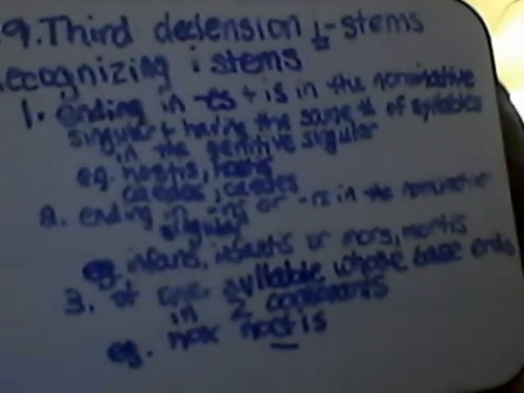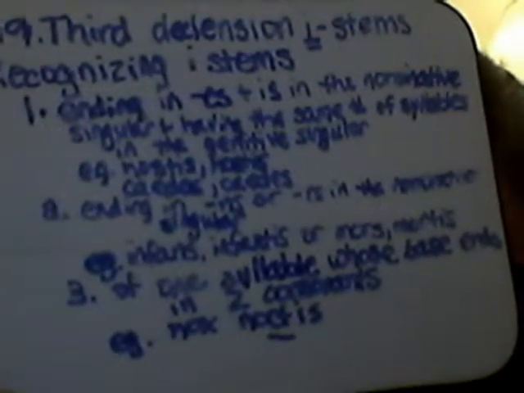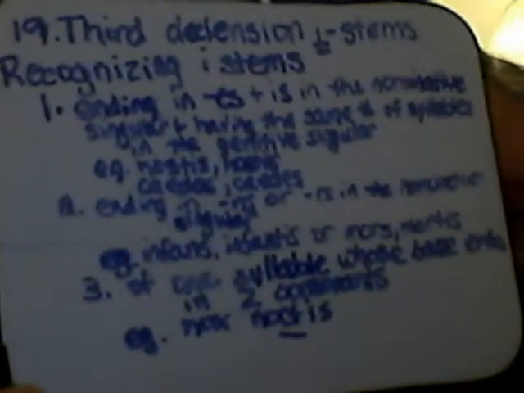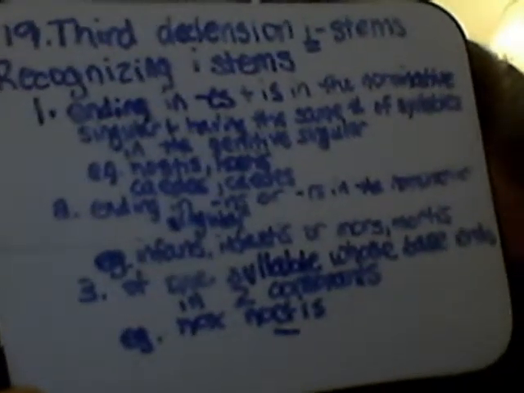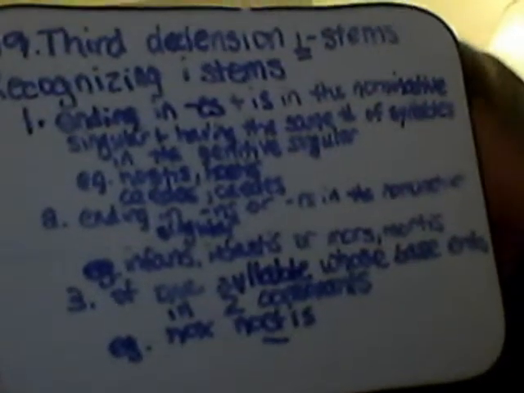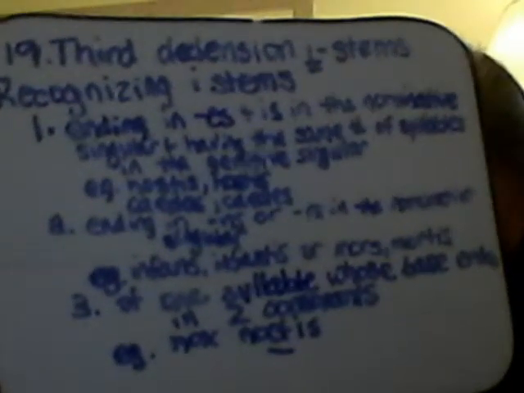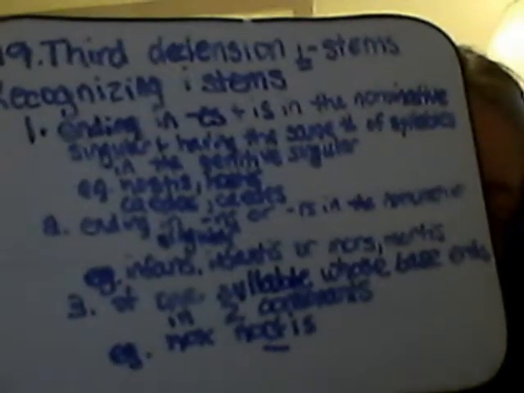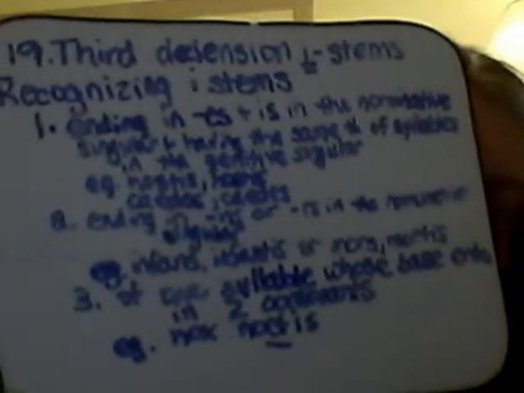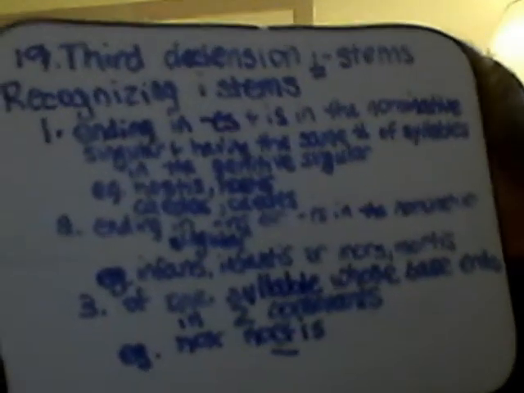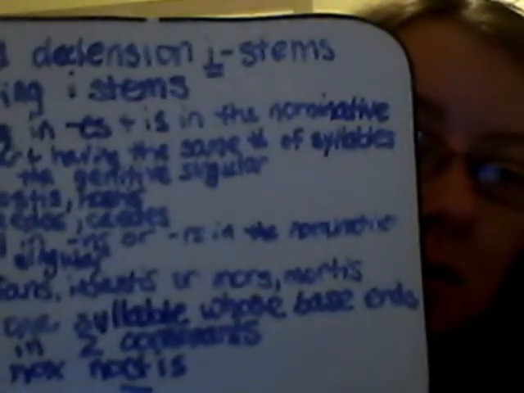Recognizing I-stems for masculine and feminine: if it ends in -es in the nominative singular and has the same number of syllables in the genitive singular, like, e.g., remember that's exempli gratia, hostis, hostis, masculine enemy, or caedes, caedis, and that should be -is in the second one.